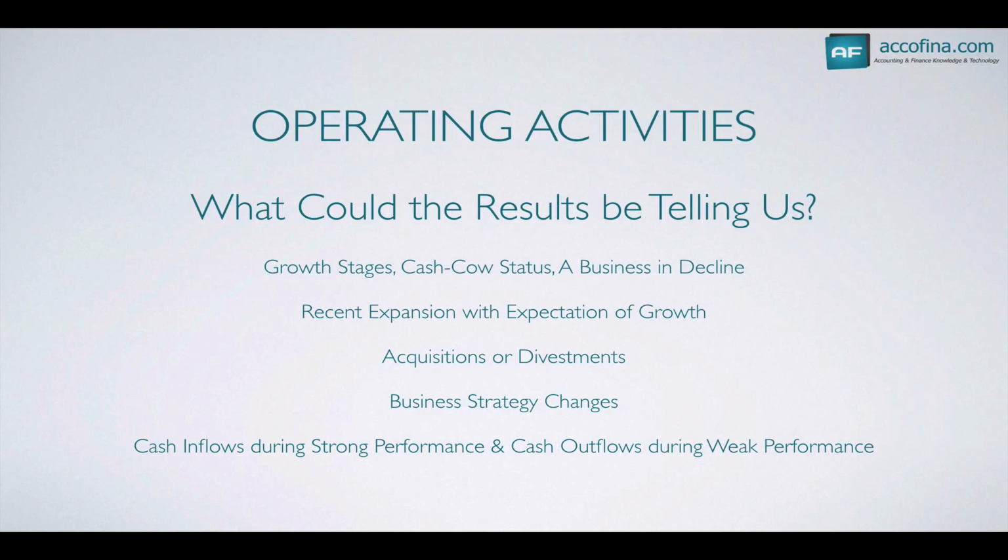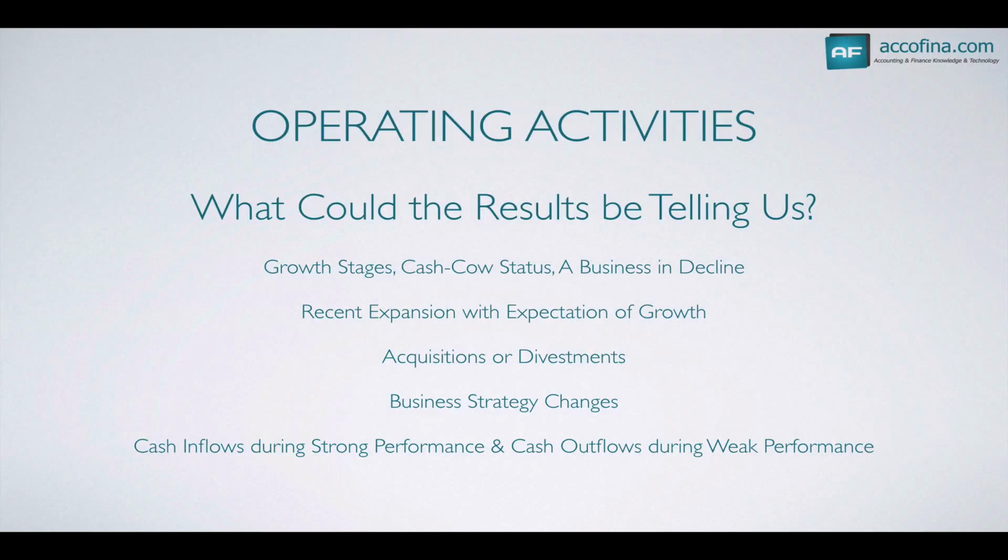Secondly, if there are stable and high levels of cash flow from operating activities, it may mean the business has reached cash cow status. Generally, the business just keeps generating good levels of cash. And finally, it may mean a business is in decline if there are continually decreasing levels of cash flow from operating activities.